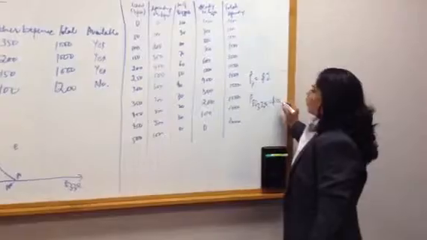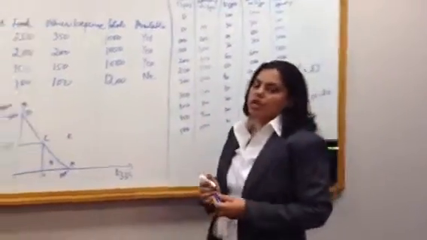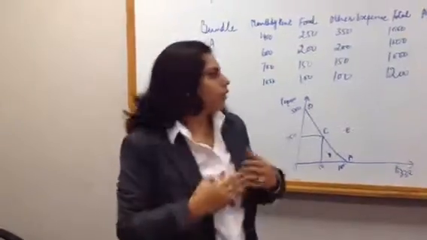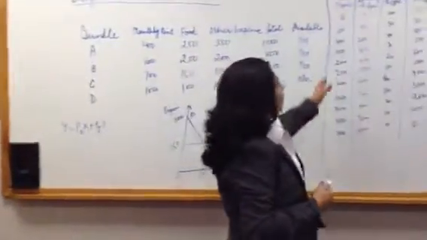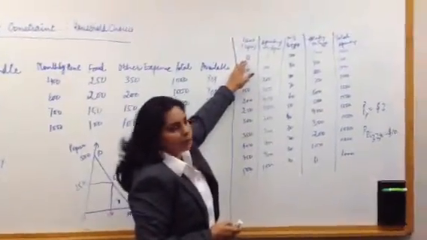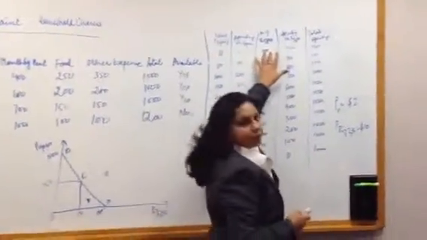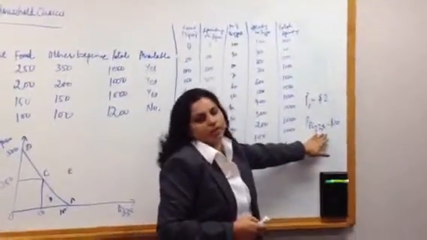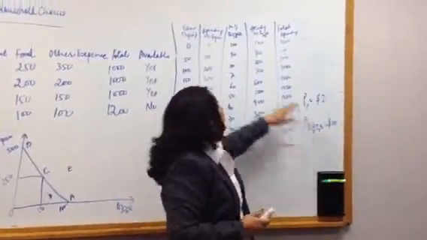Now when this information is given to us, we can see how Anna can choose the various combinations by taking a look at this table. If she's not spending anything on Pepsi, she can buy 100 pizzas with $1000 of her spending because each pizza costs $10.